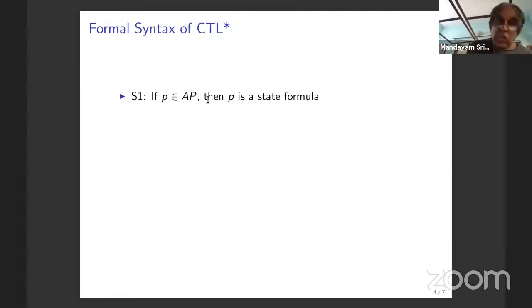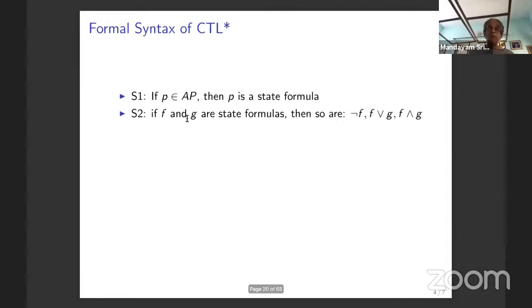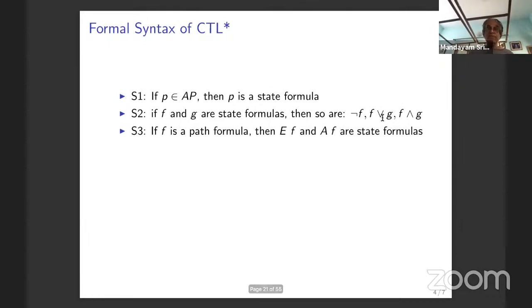So an atomic proposition is an atomic state formula. If F and G are two arbitrary state formulas, then you can apply the usual logical connectives, not, or, and the conjunction operator to make bigger state formulas.